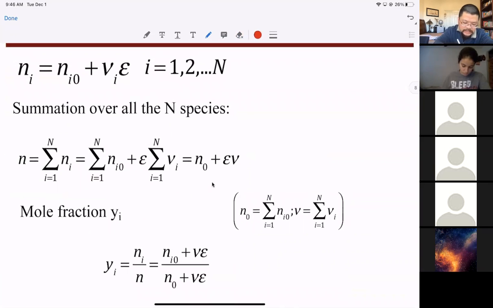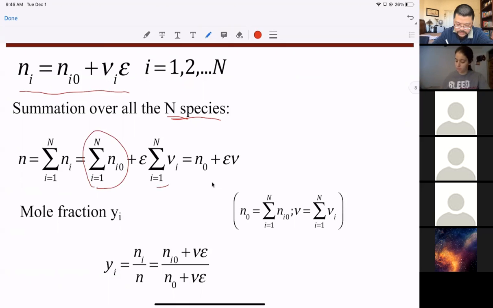Over here, this is the expression we just derived. Then if we run the summation over all the species in this reactor, this would be the summation of the initial.